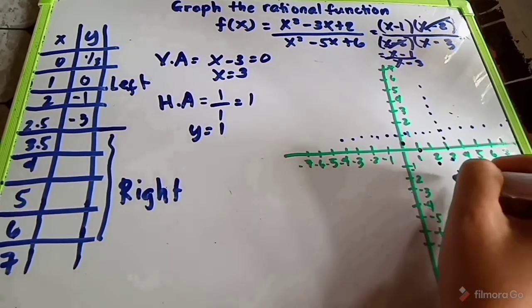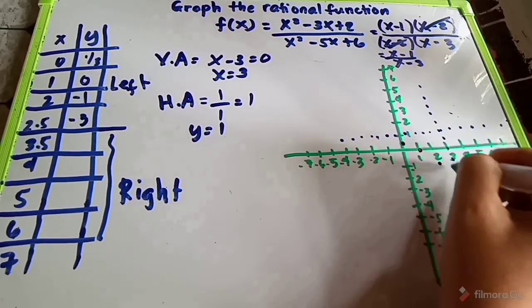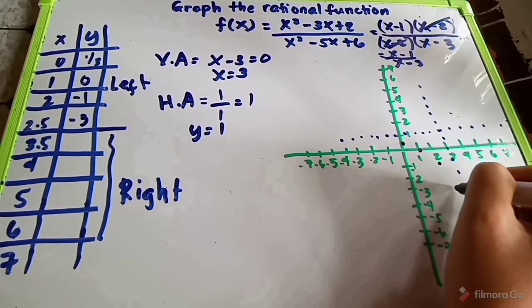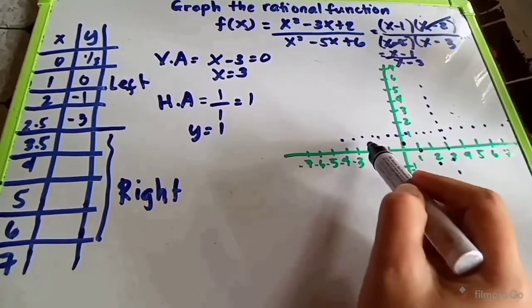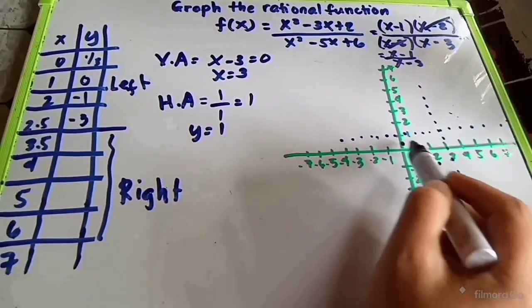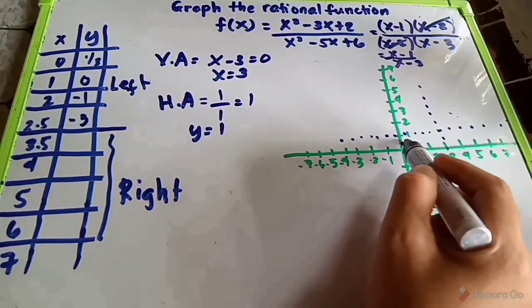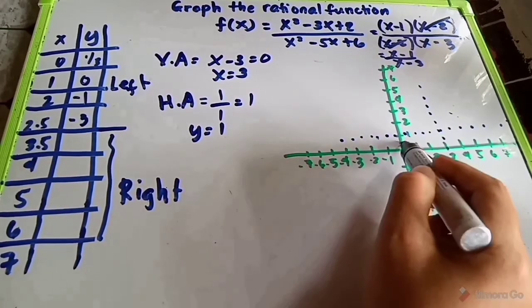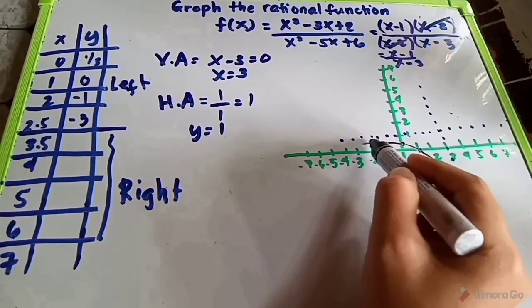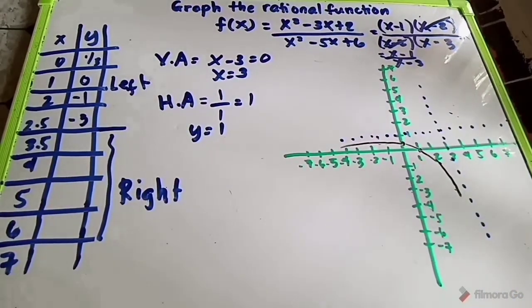So there 2.5 and then 3 here. So we will graph here. So plot the point. Okay, so this will be the graph for the left.